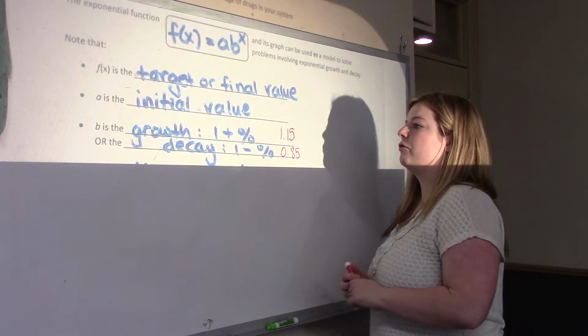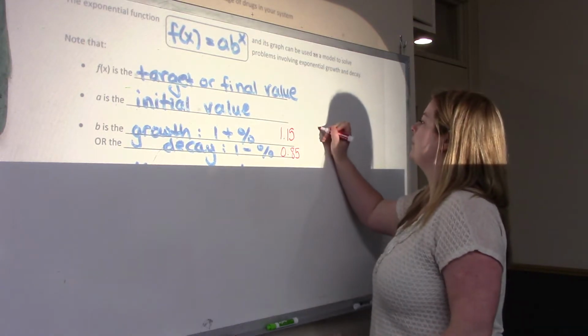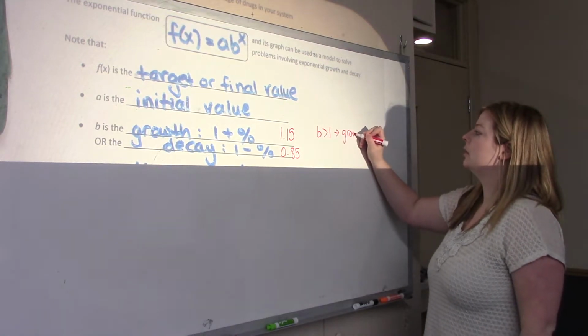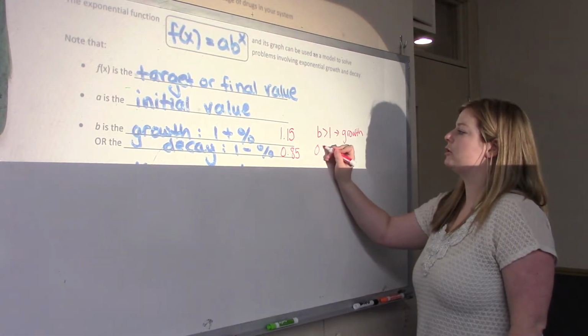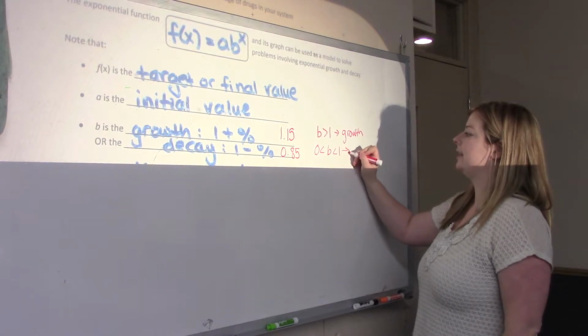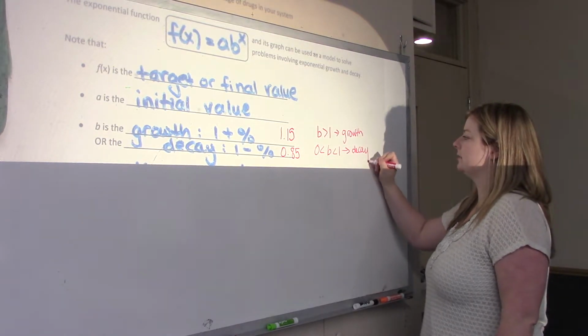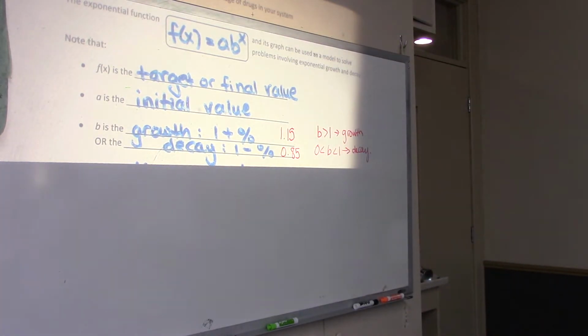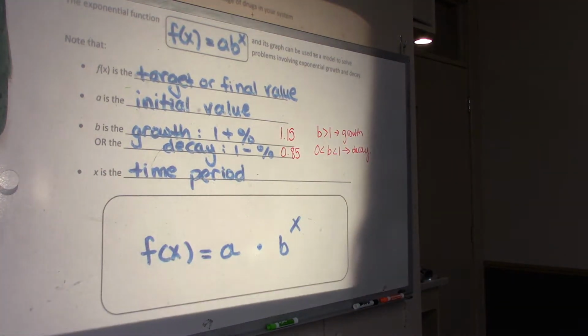So anything greater than 1 is growth. Okay, and anything between 0 and 1 is decay. X is the time period.